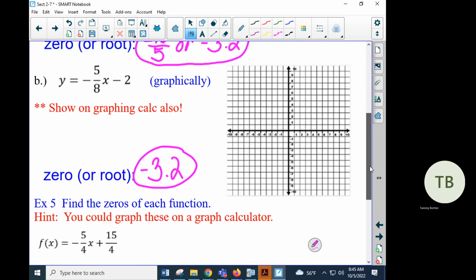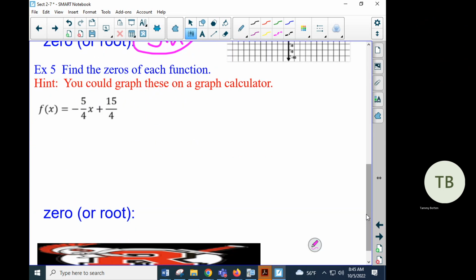Now, I want to show you how to enter something like this on a graphing calculator. So when you have two fractions like that, you're going to enter that as -5 divided by 4 in parentheses. Okay, just put that fraction as a division problem, then your x, and then plus, and then in parentheses again, 15 divided by 4.